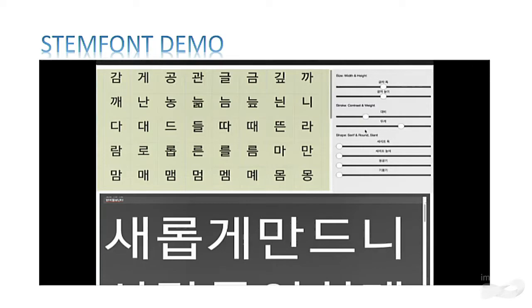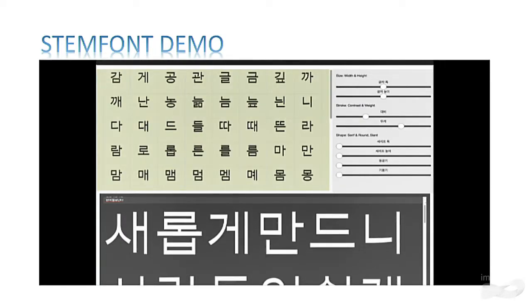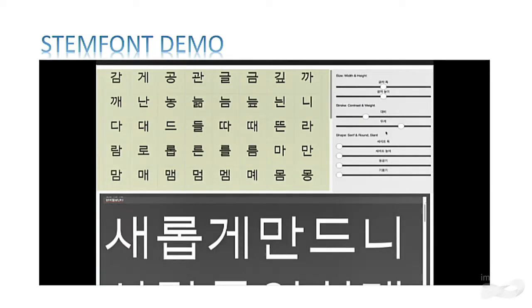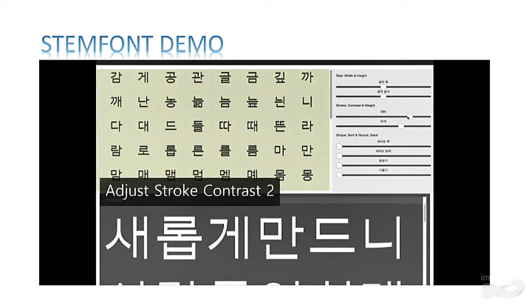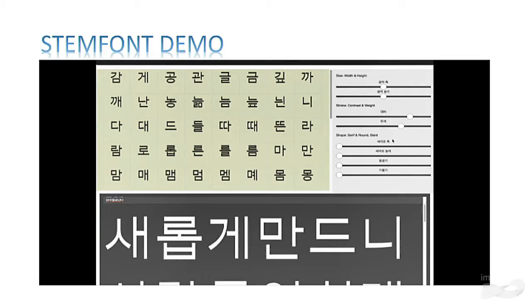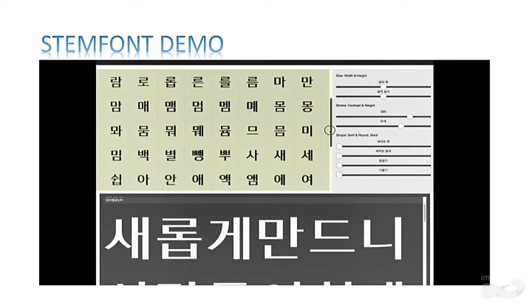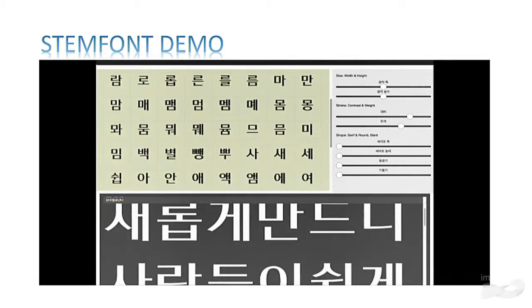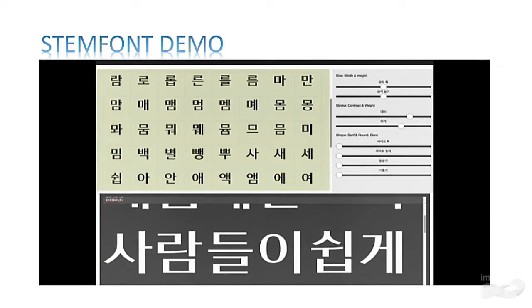This is stroke contrast. We want the horizontal lines a little bit thicker than before. The next one is that the vertical lines should be thicker, like this. But this one is based on Metafont. We added serifs here, and some other things here.